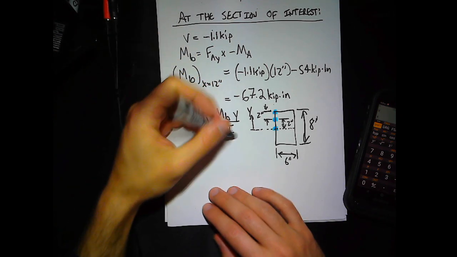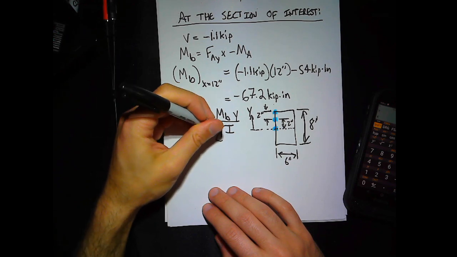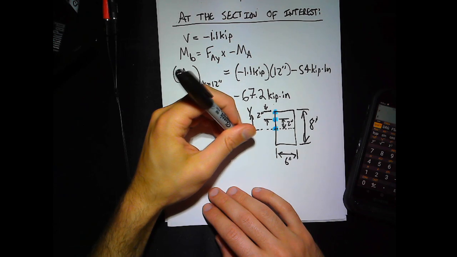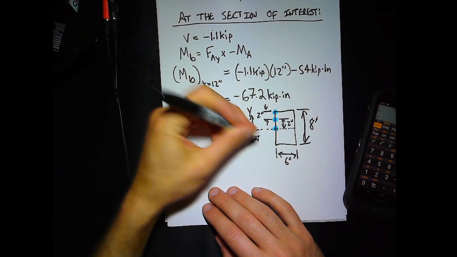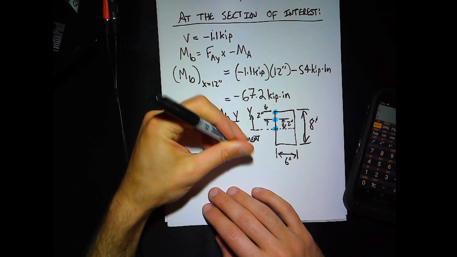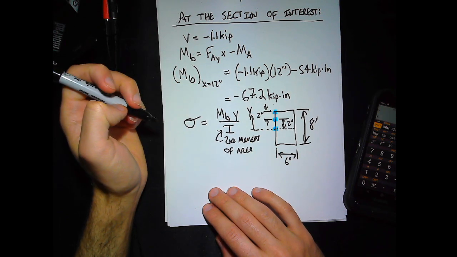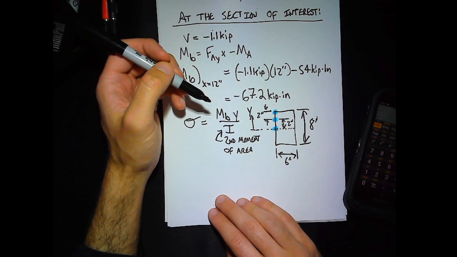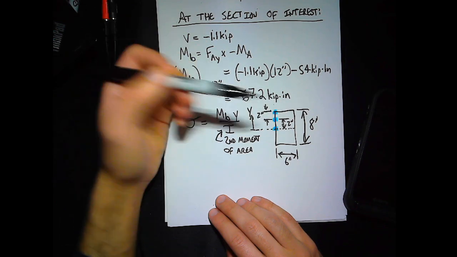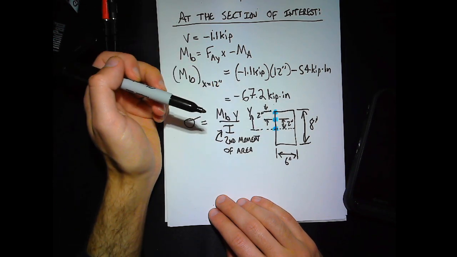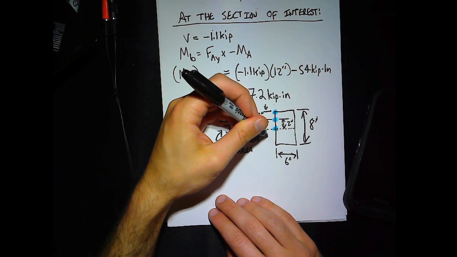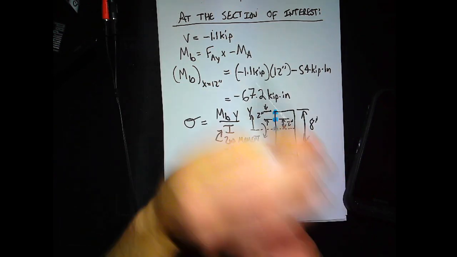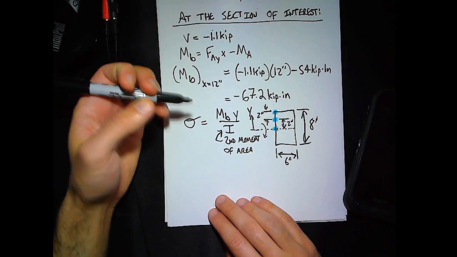By definition, that's my y direction. So this is my second moment of area, or my cross-sectional moment of inertia, depending on where you look for it. For a rectangle, that's 1/12 b h cubed, where the cubed term is the one in the direction of the bending. In this case, we're bending around this axis, so my 8 inches is the cubed one.